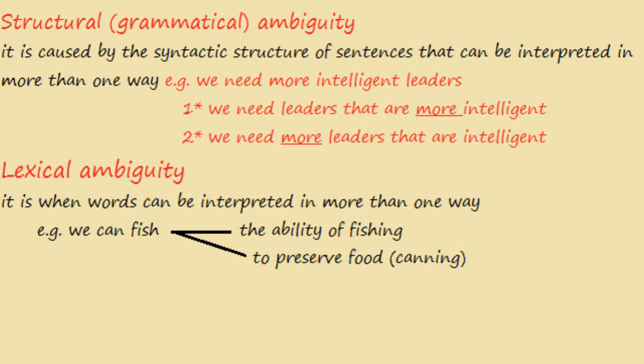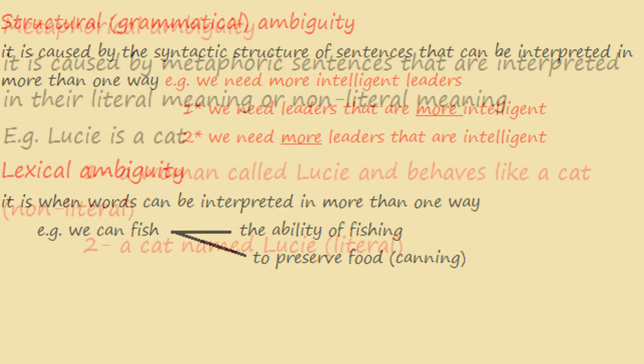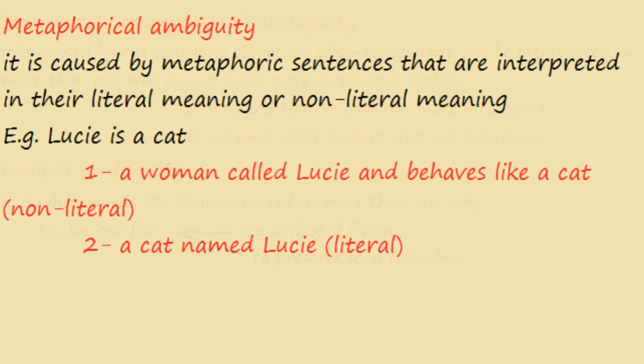Then we have metaphorical ambiguity. It is caused by metaphoric sentences that are interpreted in their literal meaning or non-literal meaning. For example, we say Lucy is a cat. Lucy is the name of a person. So Lucy is a cat.